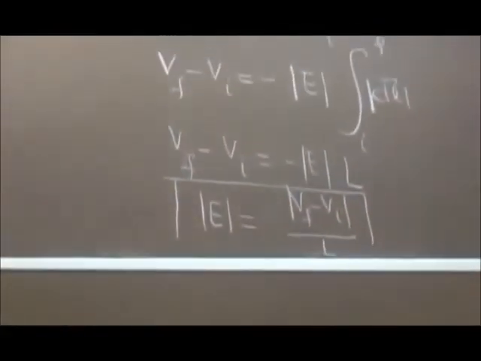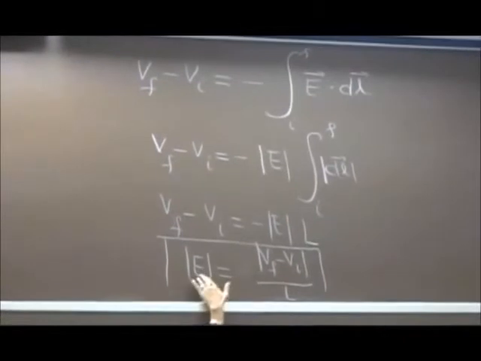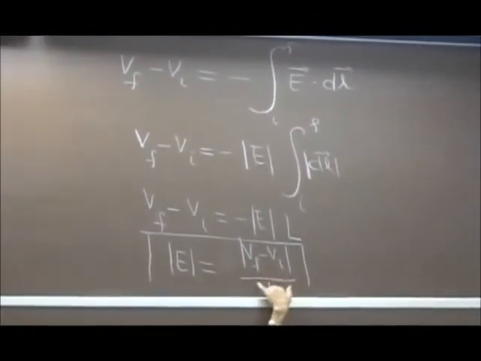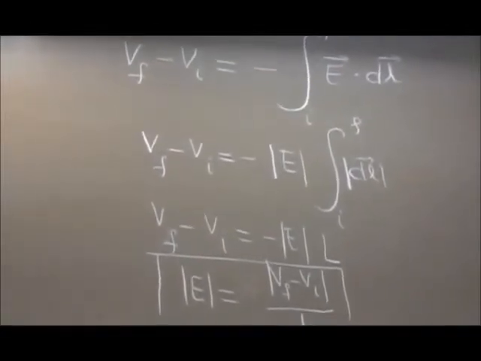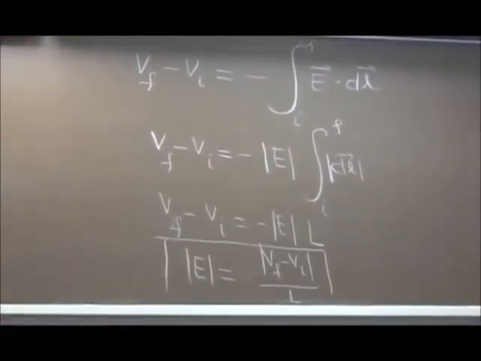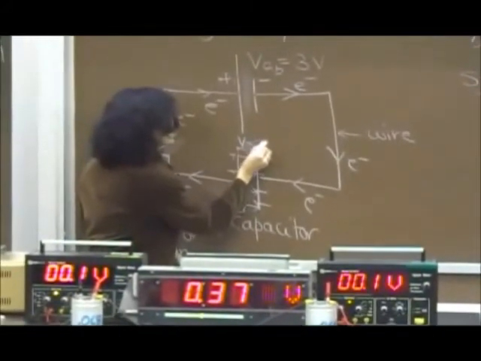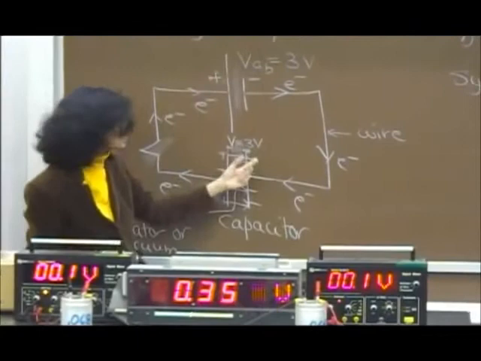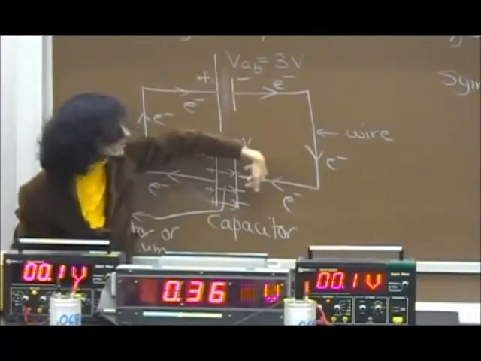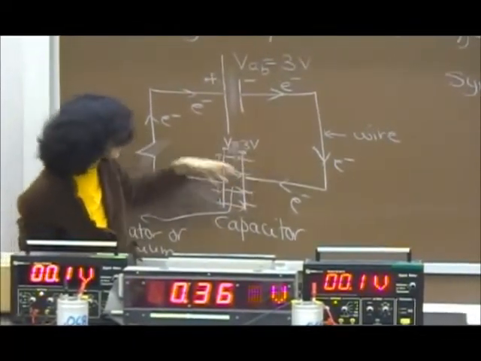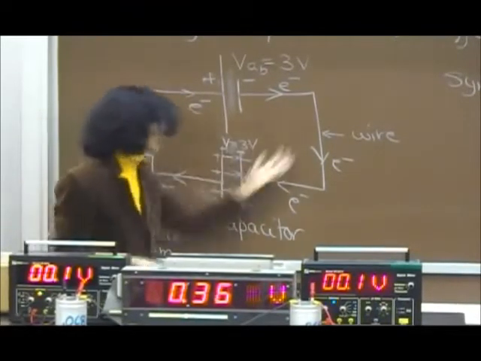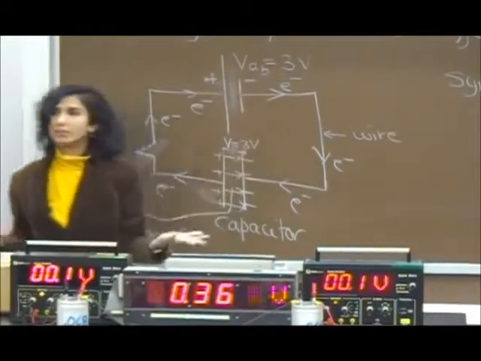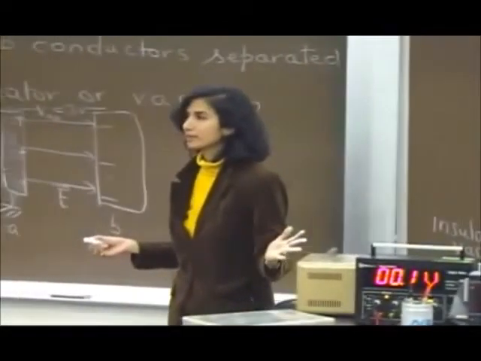So you can see, in fact, here is the relation. Electric field in this case will be this. Electric field is related to potential difference like this. So when the voltage between the two plates becomes the battery voltage, 3 volts, at that point the force with which the battery is trying to send the electrons this way will be exactly the same as the force with which this electric field, or this potential difference, is trying to send the electrons back. At that point, what happens?